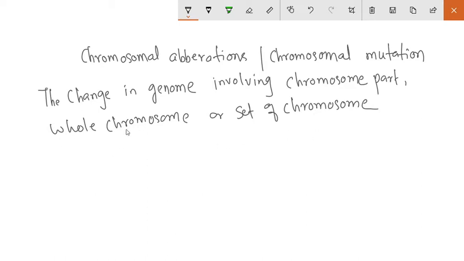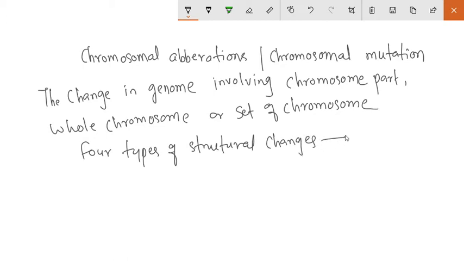There are four types of these structural changes in the chromosomes, or the mutation. Number one, the deletion. Number two, duplication.